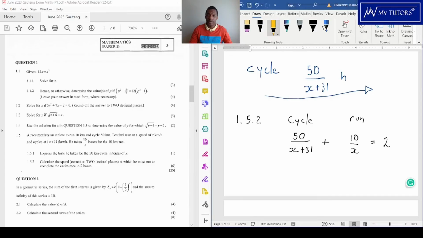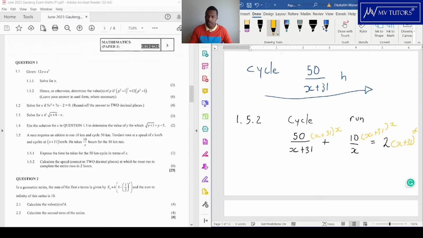First I'm going to multiply everything with x plus 3, the same here, and also here. Then to get rid of this fraction, multiply everything by x.